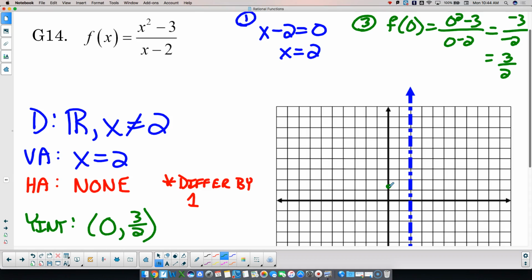Step 4. How do I find the x-intercepts? Nope, that was number 3. How do I find the x-intercepts? Look at your cheat sheet.